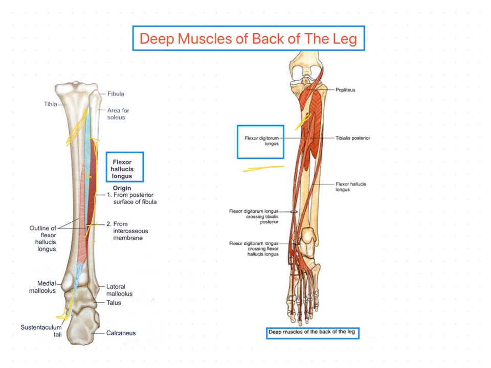Here we can find the soleal line in this picture. So below this soleal line, the medial half of the posterior surface of the shaft of the tibia, is the origin of flexor digitorum longus.